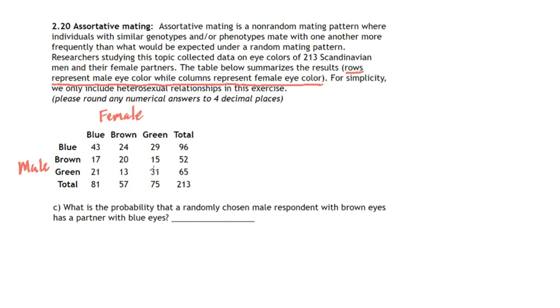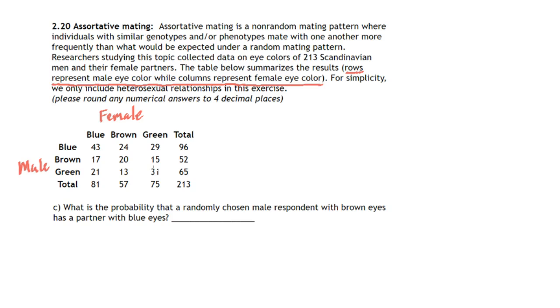Okay, so what is the probability that a randomly chosen male with brown eyes has a partner with blue eyes? So what this is saying, and you're dividing by 213 when you were trying to figure out the problem. And the thing is, this is a conditional probability, meaning that you're not looking at all the data. You're only looking at a certain part because it says what is the probability that a randomly chosen male respondent.